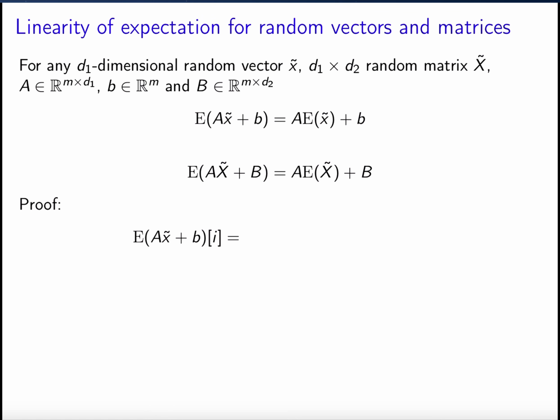It turns out that linearity of expectation, which we proved for random scalars, also holds for random vectors and random matrices.